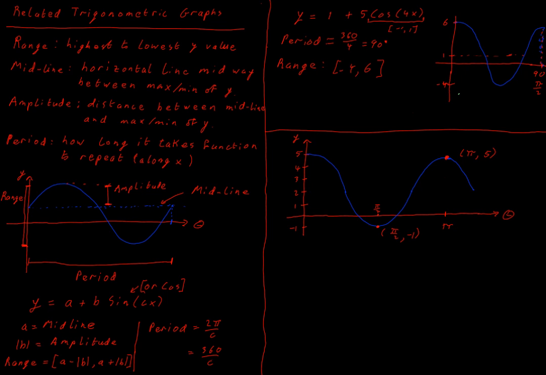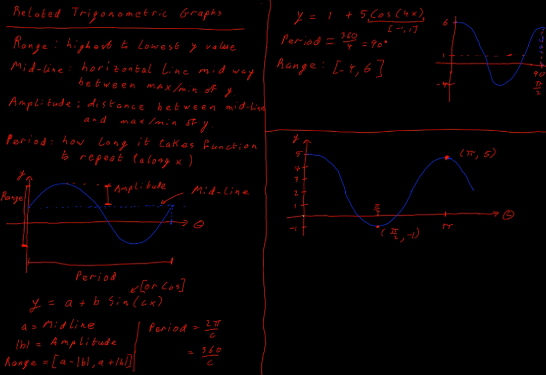Now, let's go the other way. In this case, we're given a picture and we want to try and form this general equation. Well, let's see if we can build ourselves up to it. Our range is something that we can fairly immediately see, and we can also see, as I already mentioned, that we have a cosine function. How do I know? Because it's starting at its maximum and then it's dropping down and then going back up.